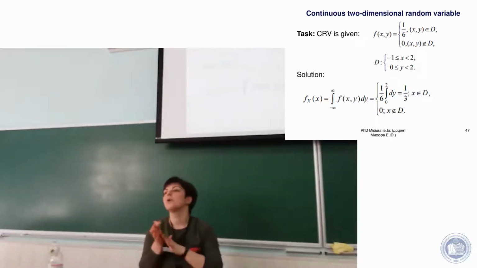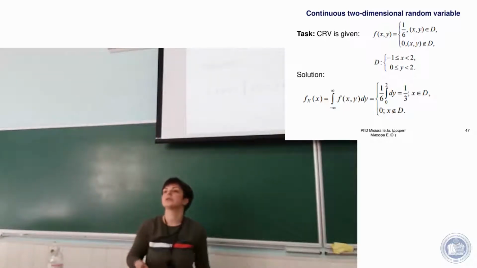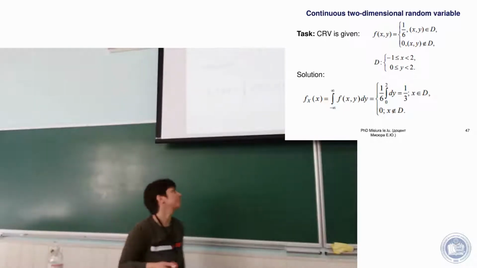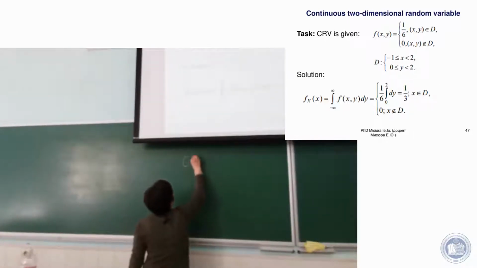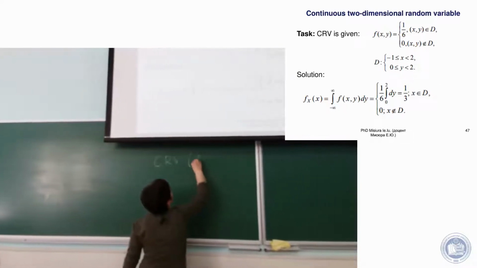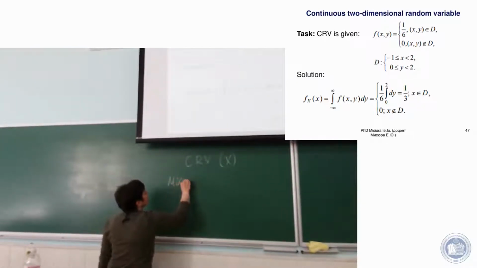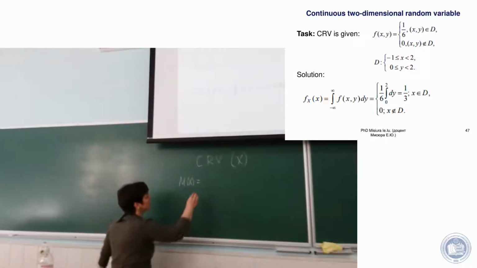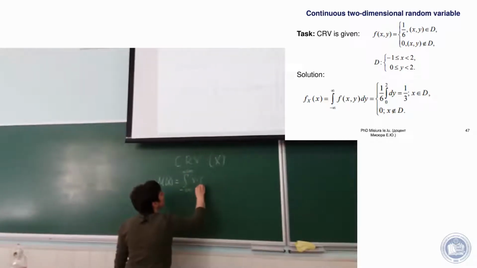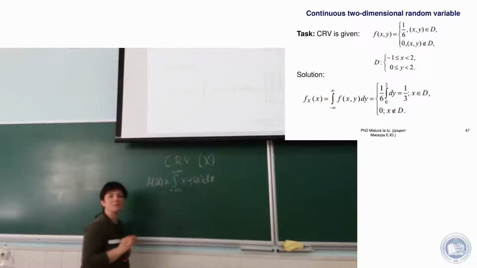Now the two-dimensional discrete random variable. How to learn continuous? Let's remember, if you have a continuous random variable, for example variable x, the mathematical expectation will be the integral from negative infinity to positive infinity of x times f of x.